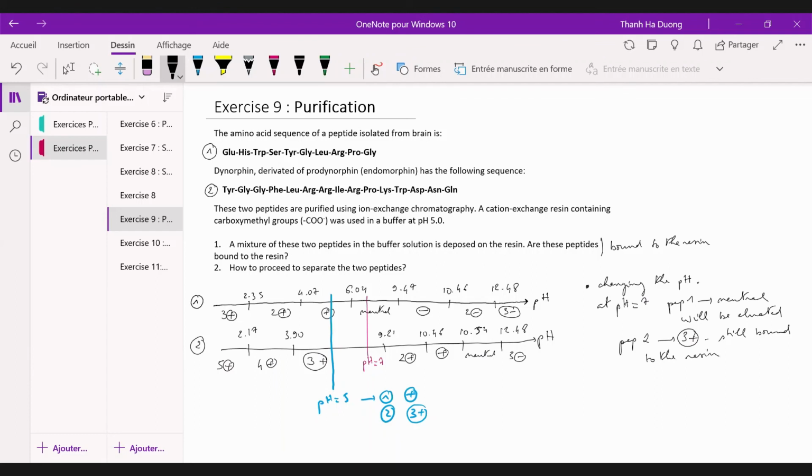Okay, this is the first way to separate these peptides.